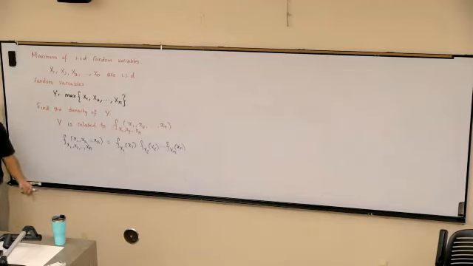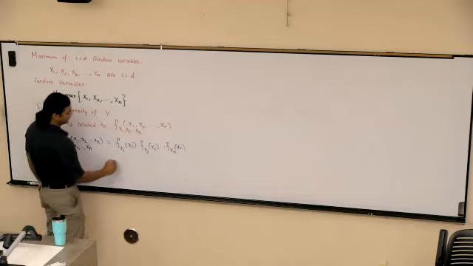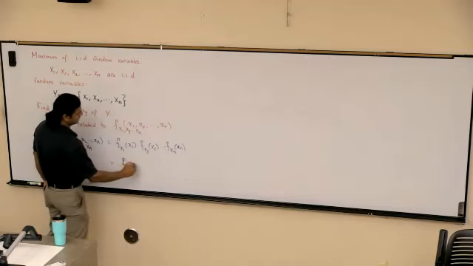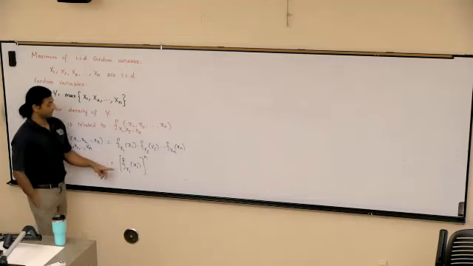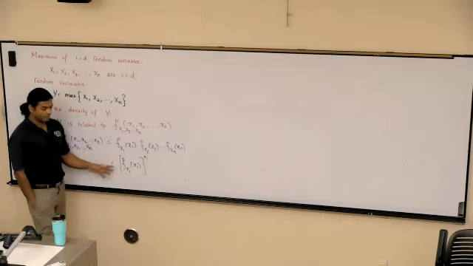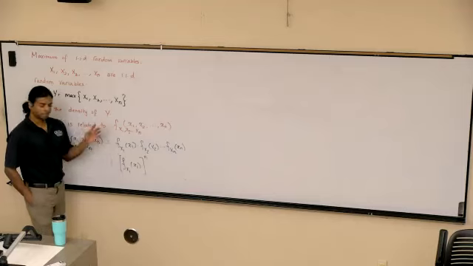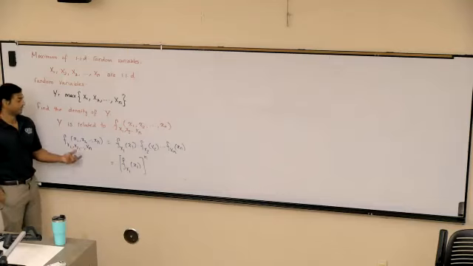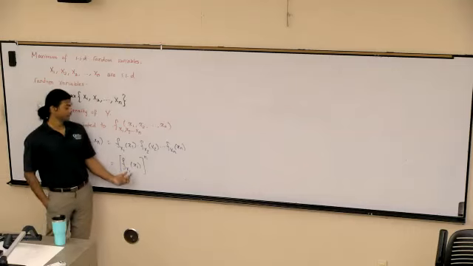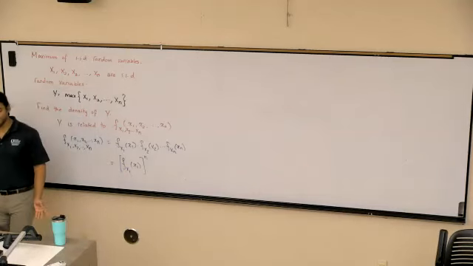Since they are identical, they're all the same, so I can raise it to the power of n. So independent and identical make things easier because I can take a joint distribution that is dependent on n variables and reduce it to one density raised to the power of n.